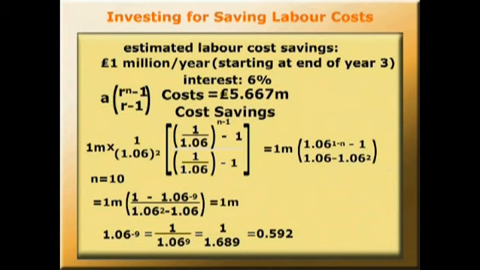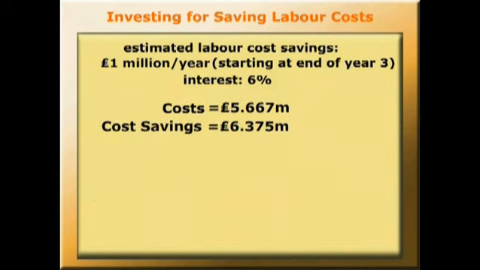So we've now got 1 million times 1 minus 0.592 over 0.064, which is 6.375 millions. So we've got a gross present value of 6.375 millions. That is the labour saving costs once we've discounted them.